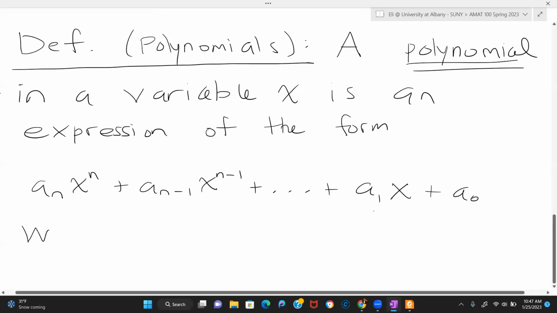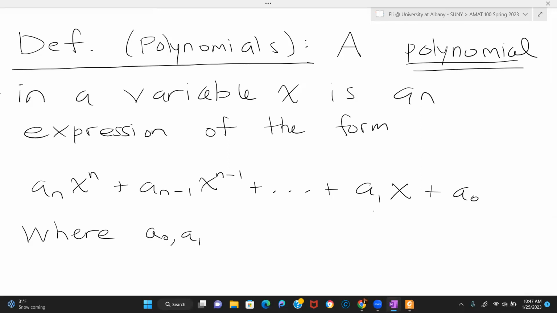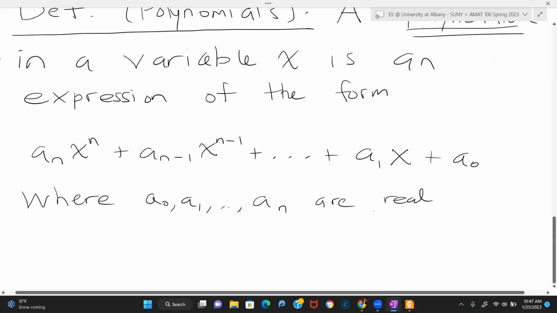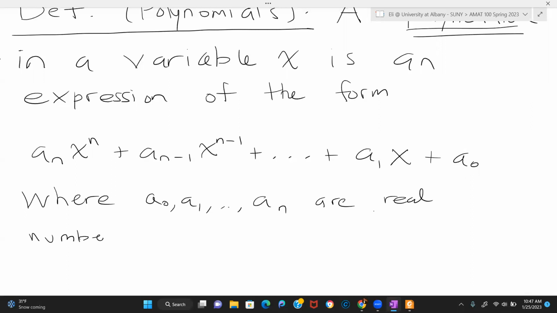Well, let's specify what they are. Where a0, a1, all the way up to an are real numbers, and these are called the coefficients.